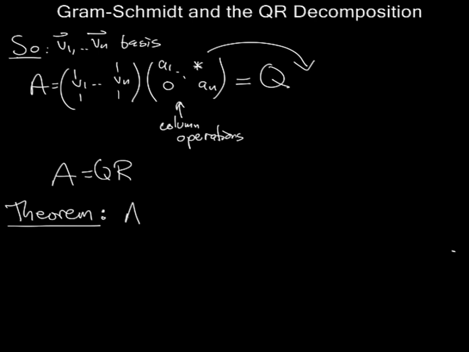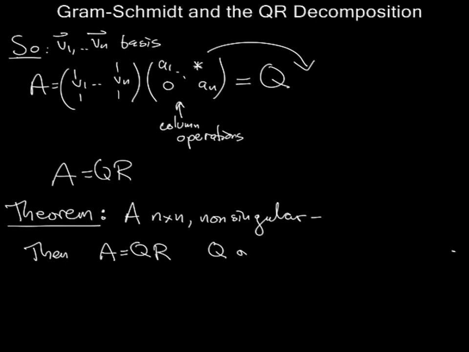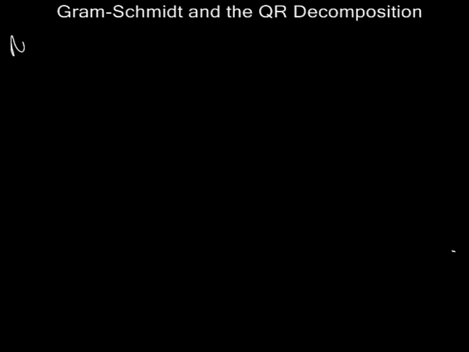And the theorem is the following. Suppose A is an n by n non-singular matrix. Then you can write A as Q times R, where Q is orthogonal and R is upper triangular and invertible.